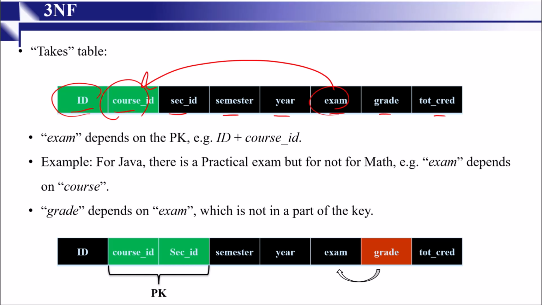So grade depends on exam here, not directly on the key, creating a transitive dependency. So in order to reach 3NF, we would separate exam and grade into a table linked by course ID, and in this way we can remove the transitive link.